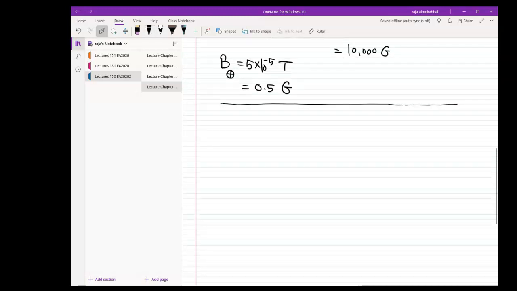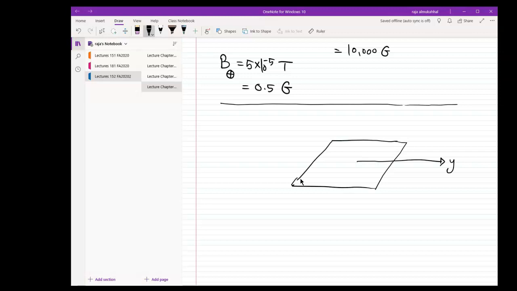Here's how it works. Imagine I have a plane, say the XY plane. Let me put the XYZ axes.